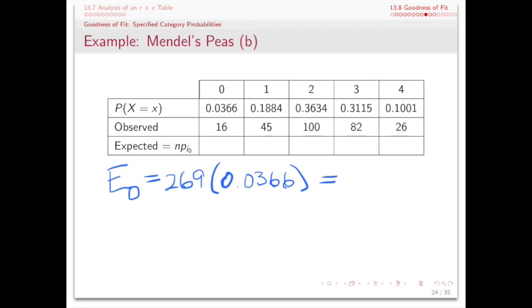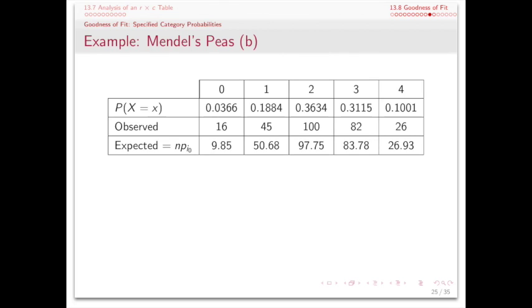We get 9.85. That goes in the slot under the expected value for the category with 0 round yellow seeds. Similarly, we do 269 times the probability for the category with 1. If we do that for all the remaining categories, we get the following expected values: 50.68 for 1, 97.75 for 2, 83.78 for 3, and so on.